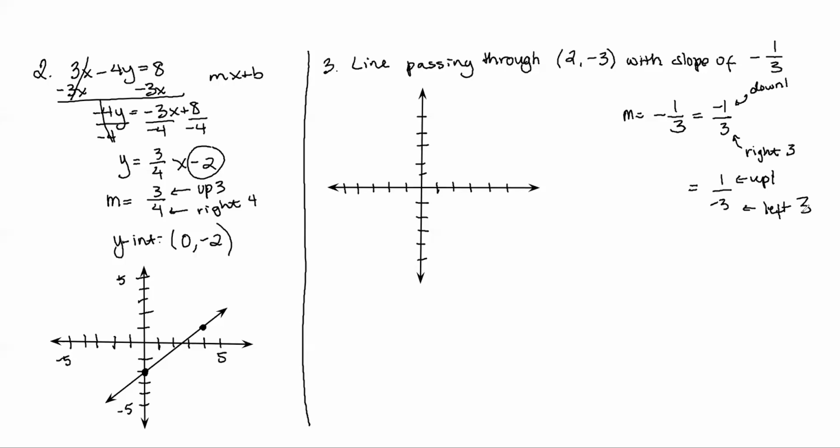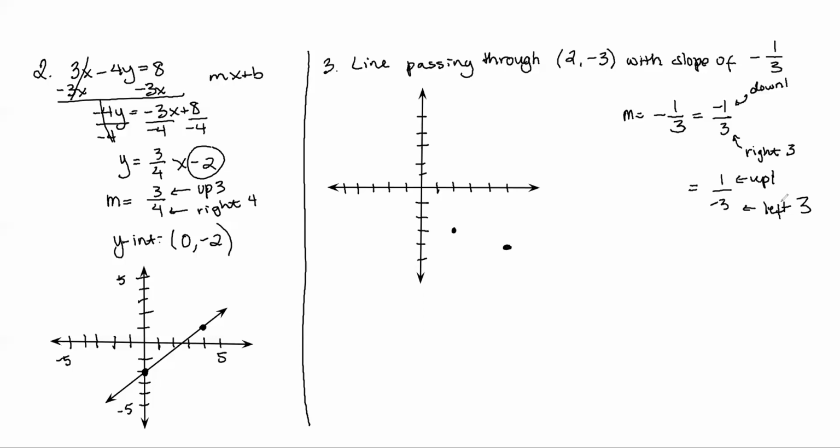So to graph this one, we're going to plot our point first, even if it's not the y-intercept. So we're going to go to the right 2, down 3, and put our point right there. And now our slope tells us the first way to go down 1, right 3. So I'm going to go down 1 to the right 1, 2, 3, somewhere over there. If I were to plot it using the other one, I'll start at the point 2, -3 again.